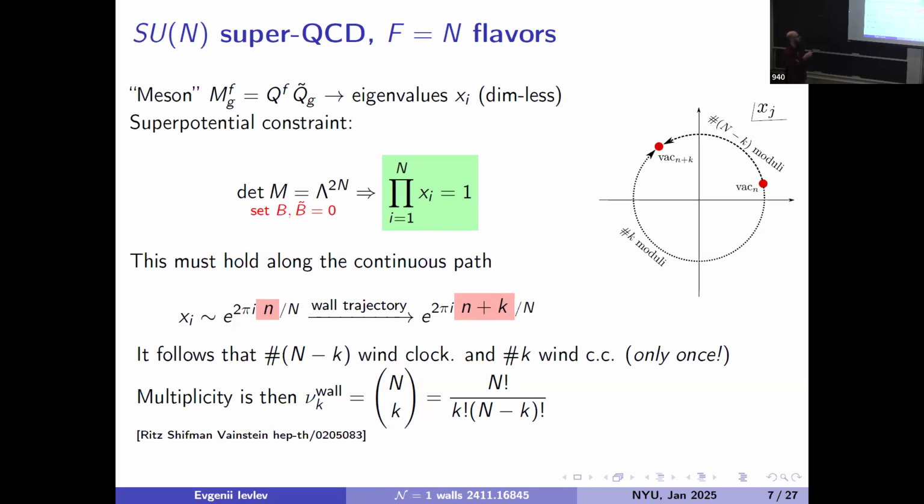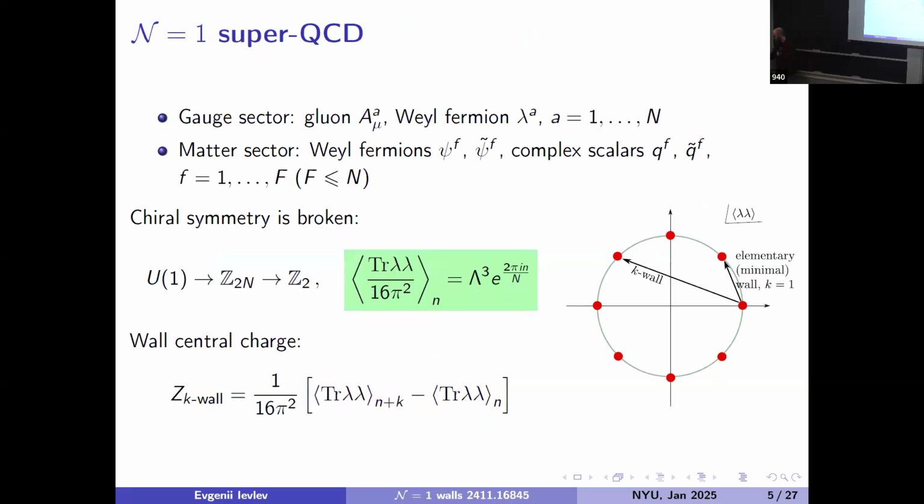It's a flavor matrix, you can say, and in terms of the eigenvalues of this matrix, the superpotential in this case will give you a constraint from which we can infer the domain wall trajectories for each domain wall interpolating from vacuum number n to vacuum number n plus k.